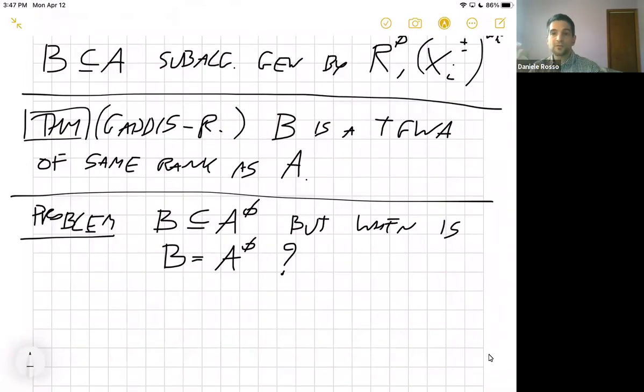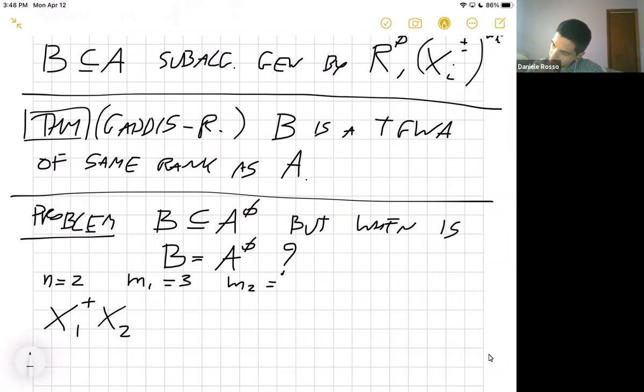Because, for example, you could have something like this. The example I thought of is not for order 2. I don't know if for order 2 things are maybe a little easier; we could say something more in general. But you could have an element like this: let's say the rank n is 2, and alpha 1 has order 3 and alpha 2 has order 2.